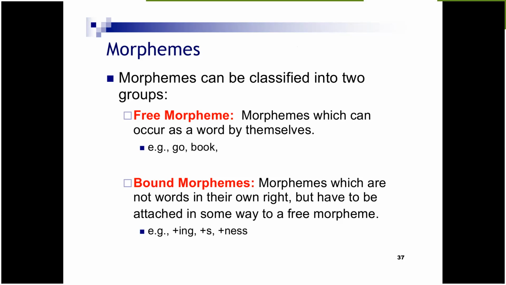These are called free morphemes because they don't have anything attached to them. But you also have bound morphemes, which are morphemes that can be attached to other morphemes to complete the morphological function. So for example, if you have the word go, you can add ing to say going, or book, you do booking. So these other morphemes, the ing, the s, the plus ness, these are bound morphemes because they need to be attached to the stems to make a meaning.